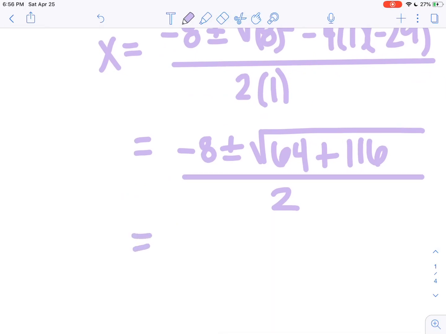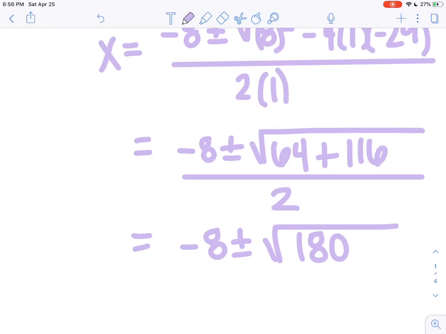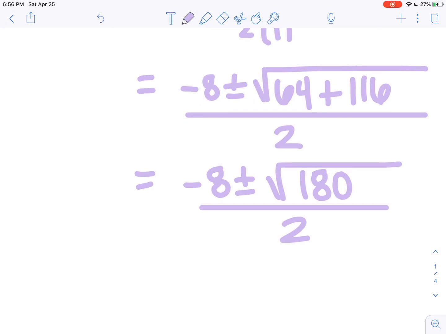Okay, and I'm going to combine 64 and 116, so inside of the square root I get 180, over 2. Now 180 is not a perfect square, so I need to simplify that out.